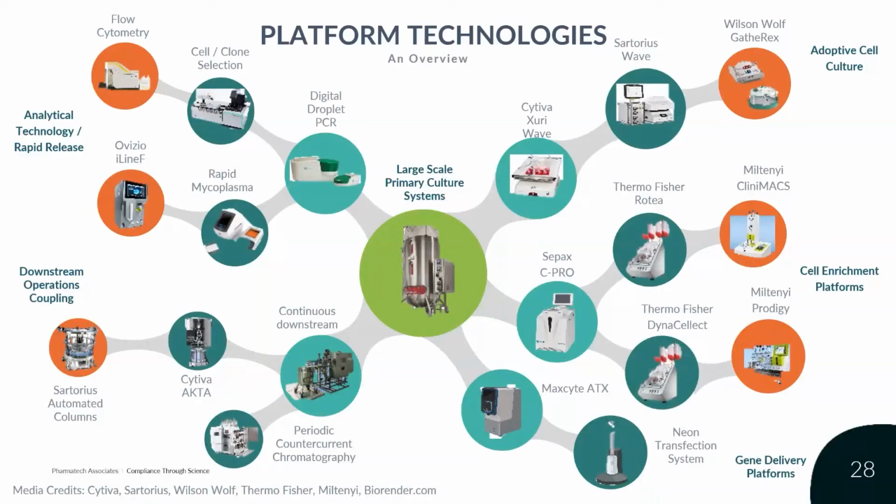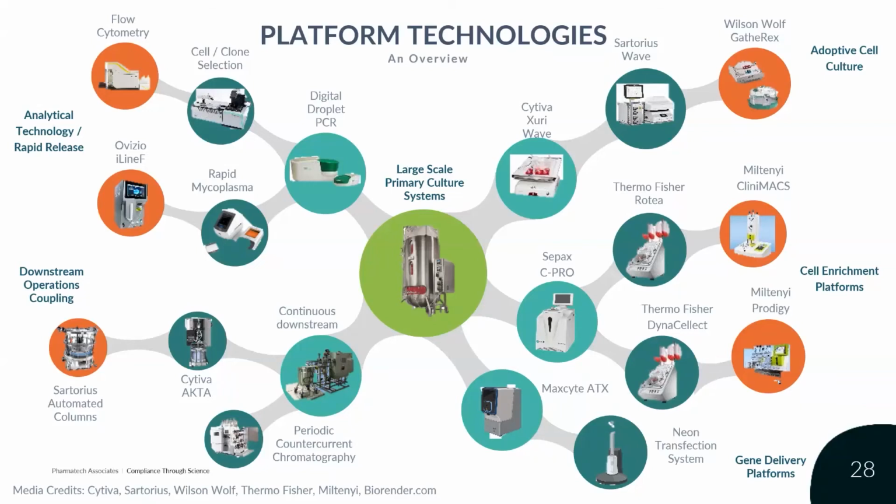Unfortunately, with AAV-LV, you're never really going to get away from the large-scale primary culture cell systems, but there are all these continuous downstream technologies coming out, like the periodic countercurrent chromatography that I introduced, and Cytiva has almost semi-fully automated ACTA columns, same thing with Sartorius. These technologies could be big for the AAV-LV space. But what's dominating is the ubiquitousness of cell culture and cell enrichment platforms coming out. So that's pretty exciting.